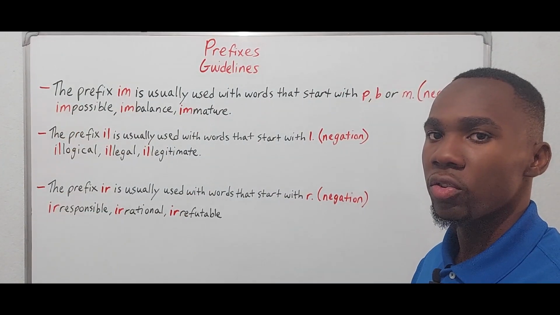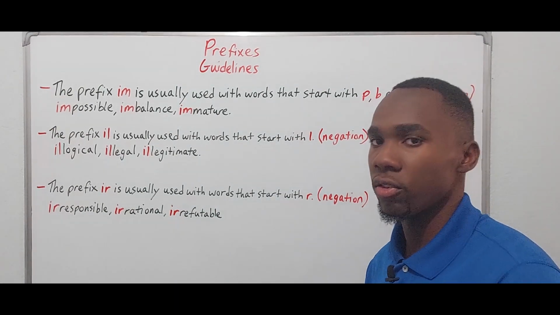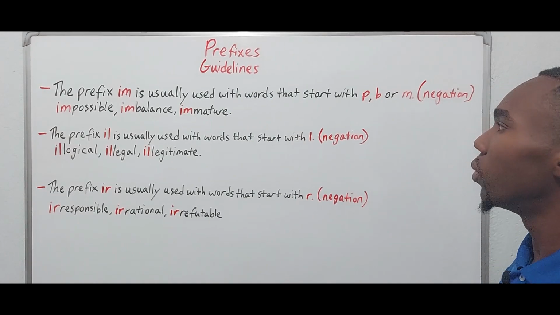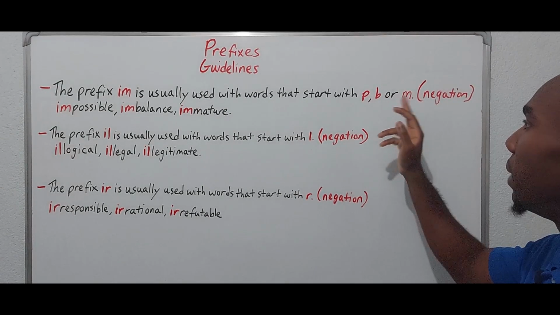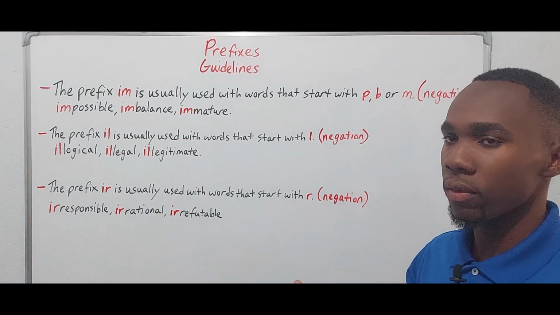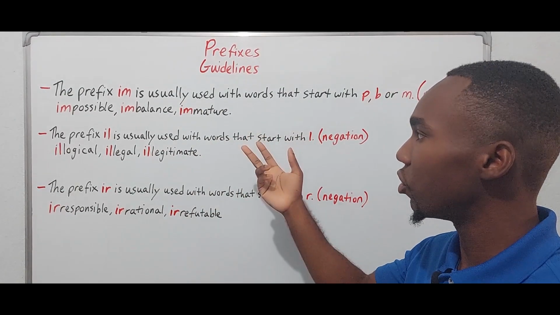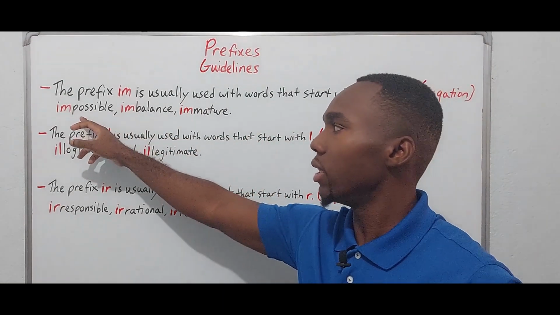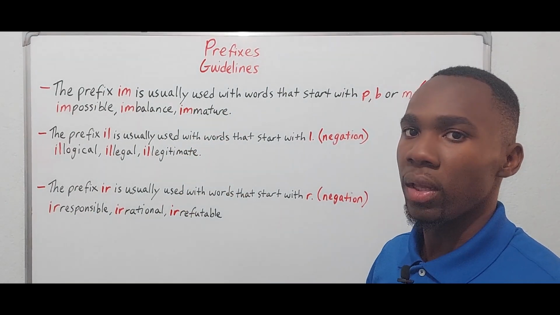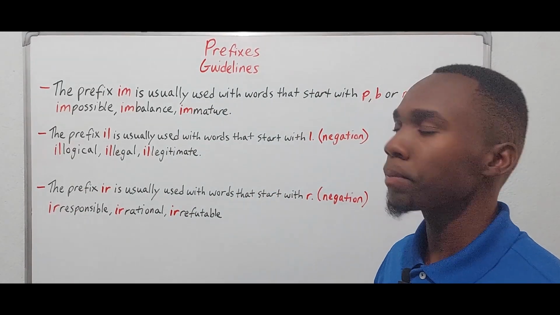Okay, so we move on to the general guidelines for the selection of prefixes, right? The prefix IM is usually used with words that start with P, B, or M. And of course, the prefix IM is going to be for negation. So examples include impossible, imbalanced, and immature. You would realize that each of these words begins with P, B, or M, right?